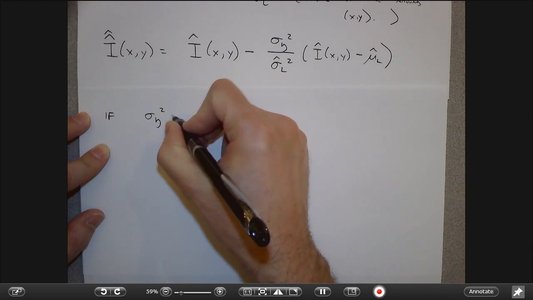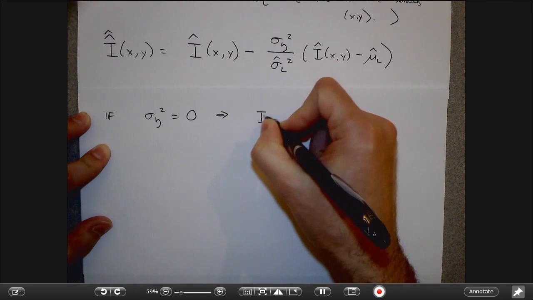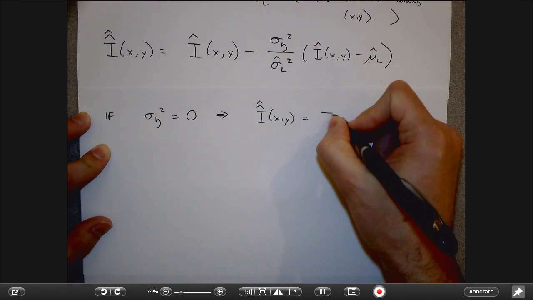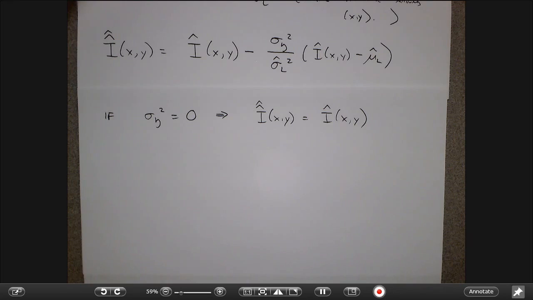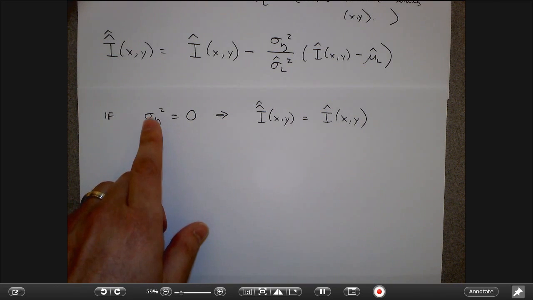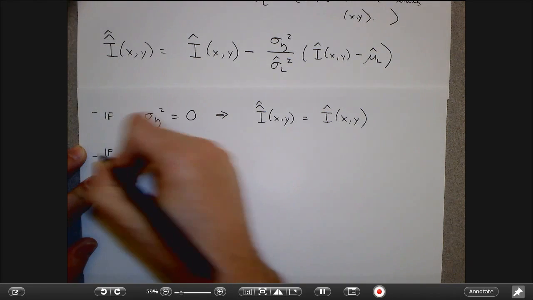If the noise variance across the entire image is 0, then that's like saying my reconstructed image is the same image that went in, which makes sense. If I tell you I don't think anything was added to this image, then you shouldn't do anything to the image, just return what came in. So this does the right thing when the noise variance is small.